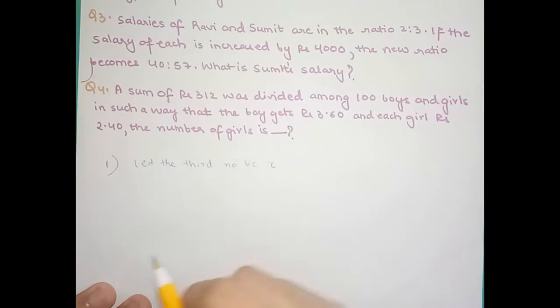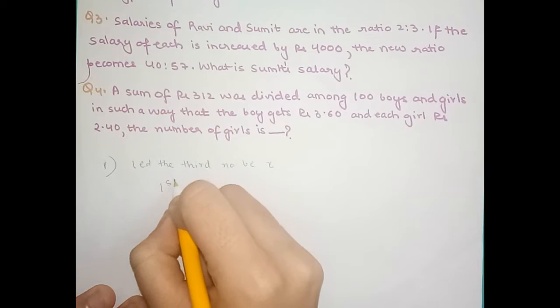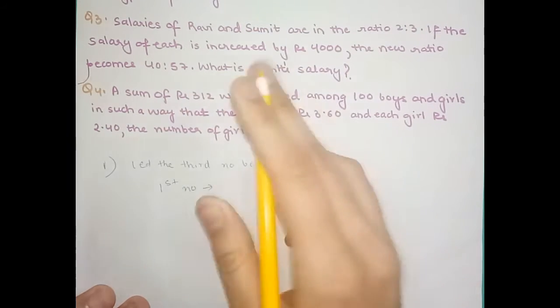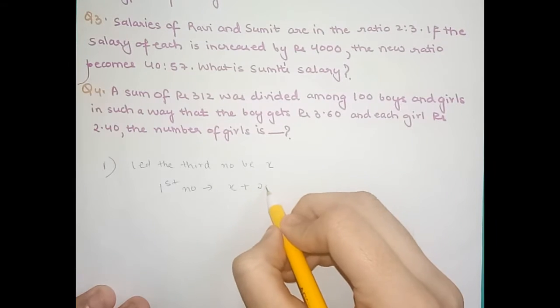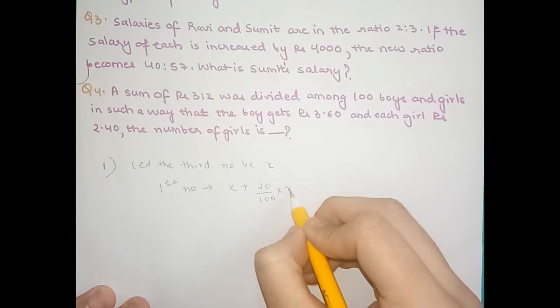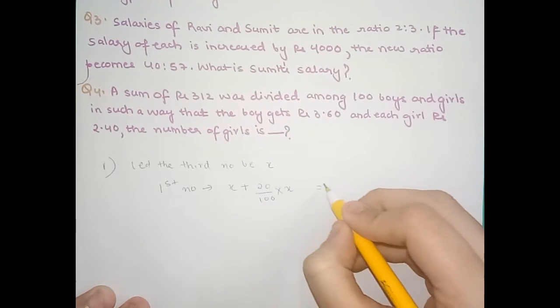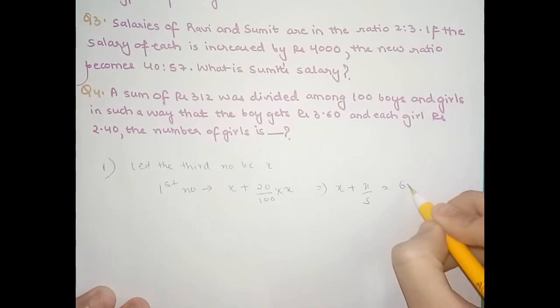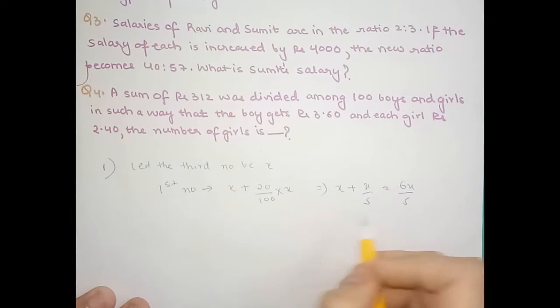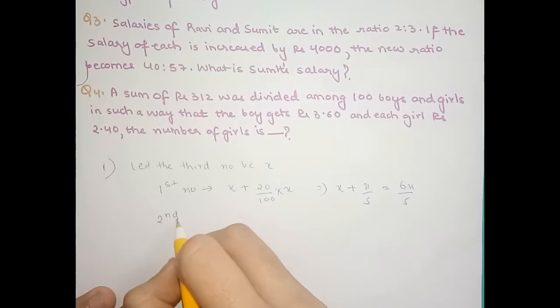be x. So first number will be what? It is 20% more than x, that is x plus 20% of x, which will be equal to x plus x by 5, that is equal to 6x by 5, right? Similar way, we will be calculating the second number.